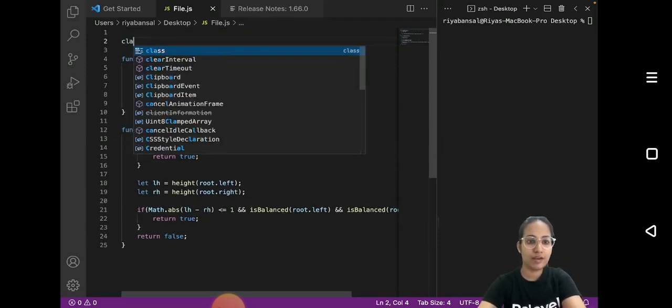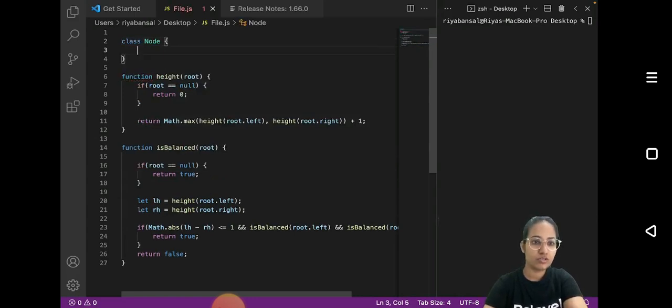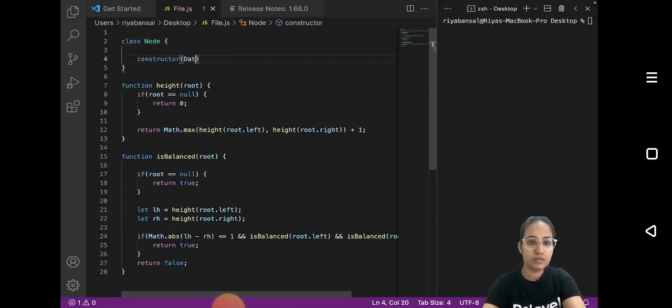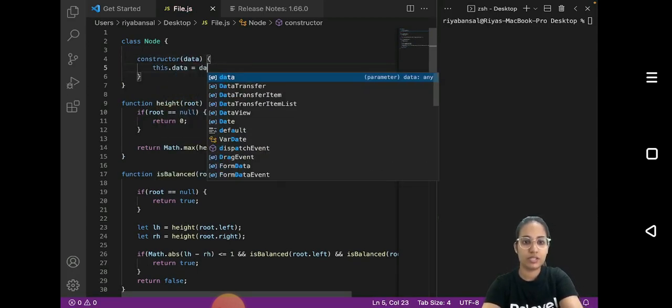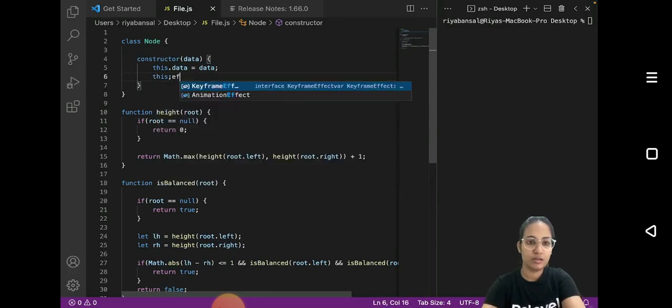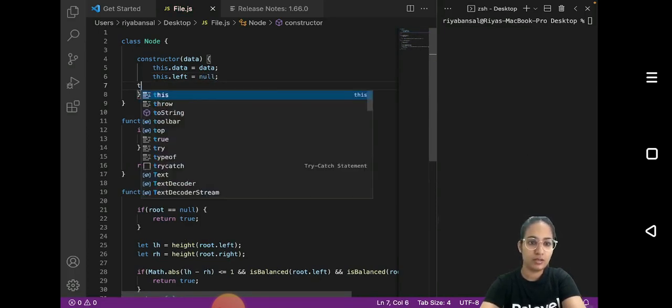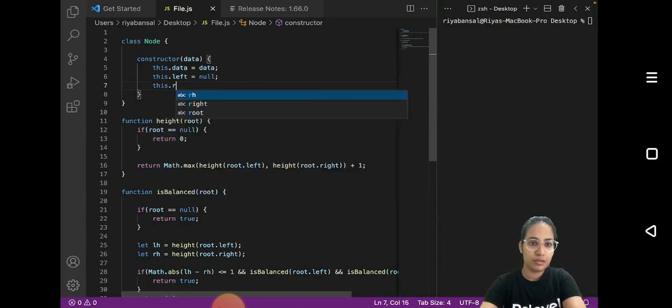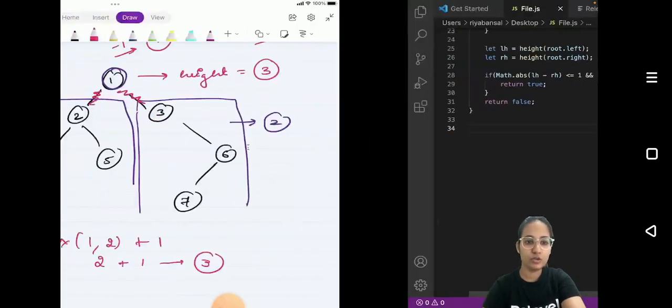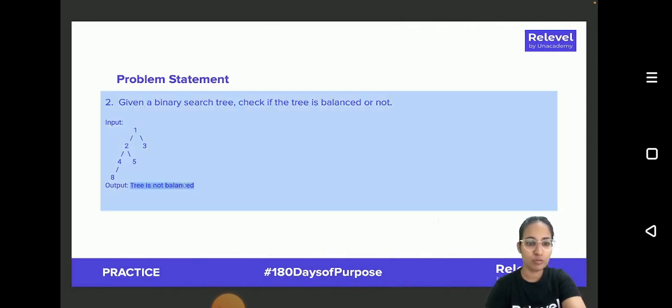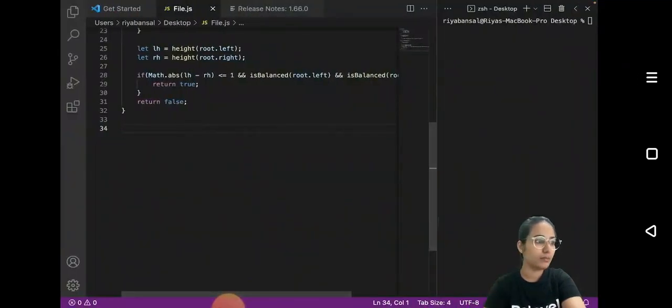Since we are taking a tree over here, we'll have to define a node structure as well, because trees are defined from a node which contains data, a left child and a right child. Now I will use this tree over here, and the output for this should be that it is not balanced.